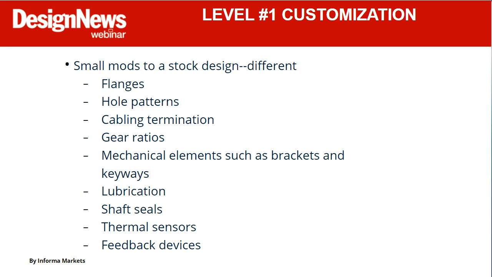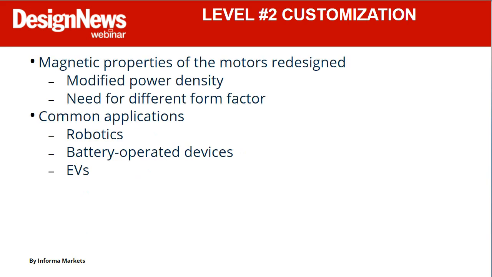That's pretty straightforward. But the interesting thing is these days, changing the magnetic properties to get different performance has gotten much more straightforward, so that you can potentially get them to modify power density or develop a different form factor that's just going to fit in the device that you're building.